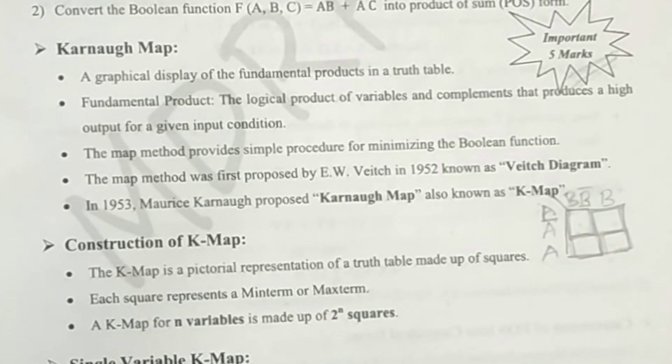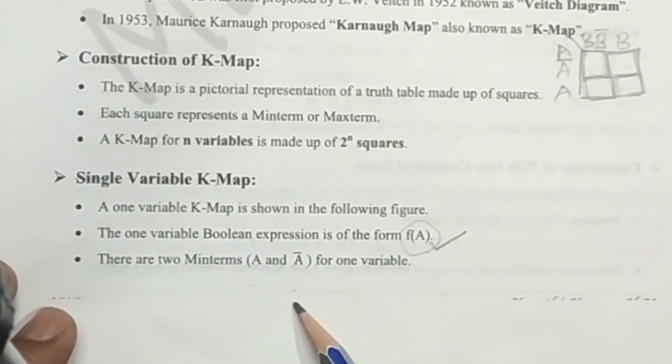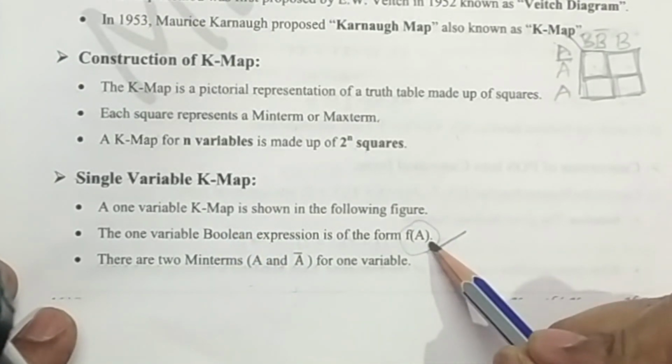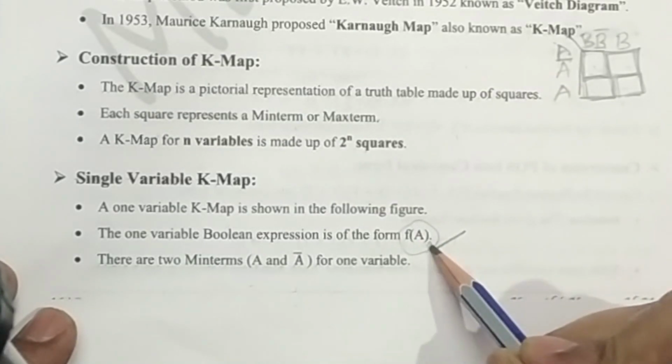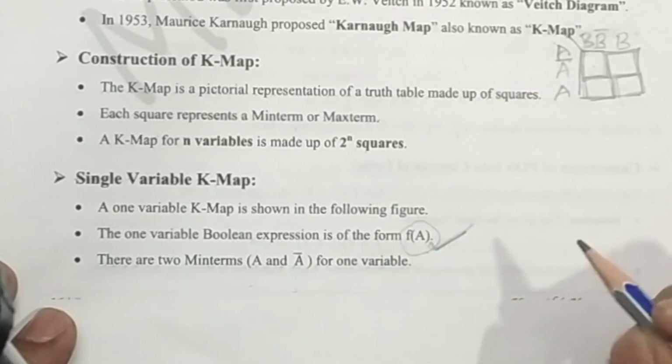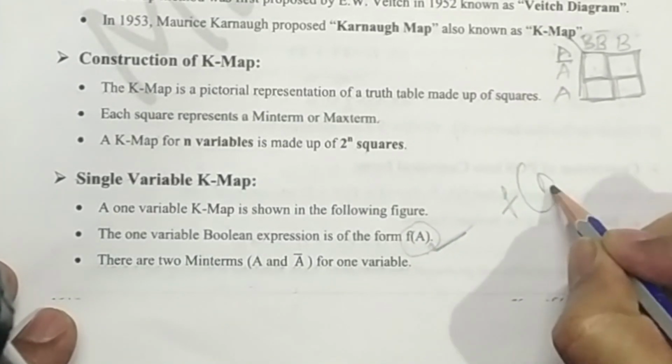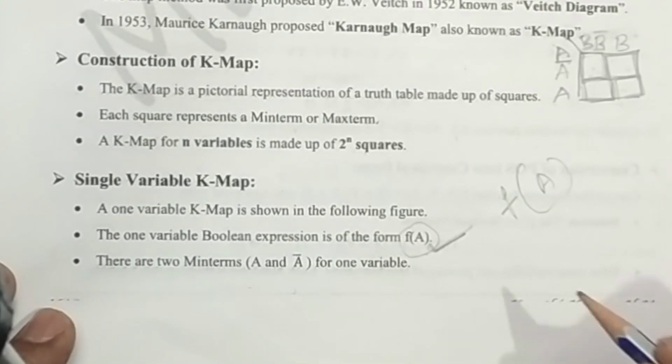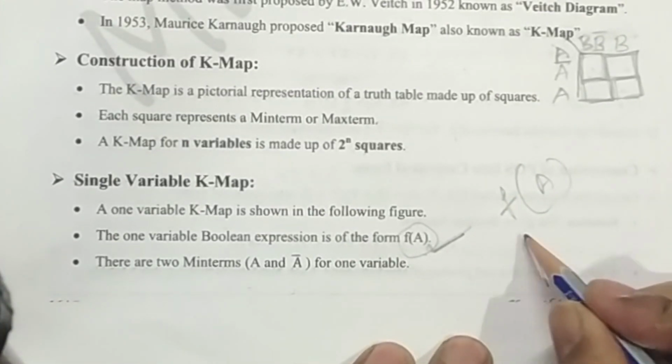Single variable K-map. That means only A. We say it will be in the form F of A, and it will take only two min terms, A and A bar.